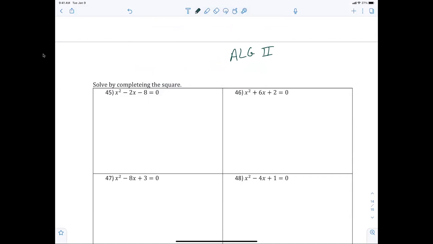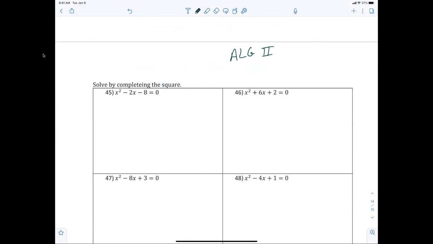So let's just review that. So 45. Again, I started with something basic, just to review with you. Now, can I factor 45? Yeah, I can factor 45, but the point was, I would just go ahead and factor it, but I want to show you an easy completing the square.